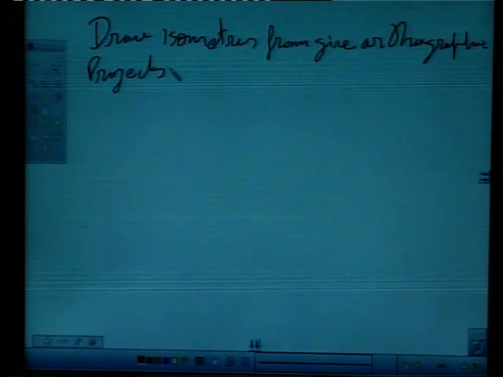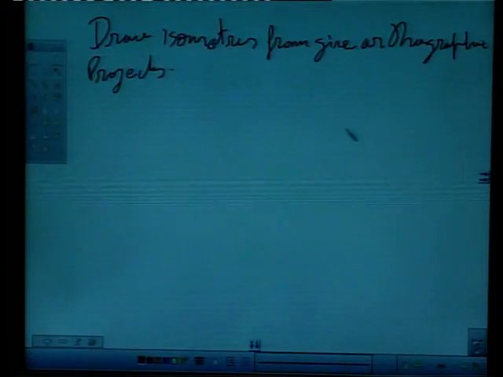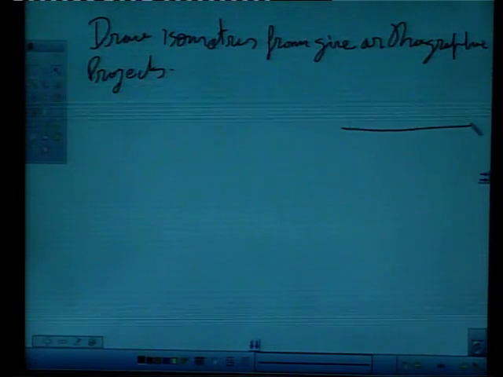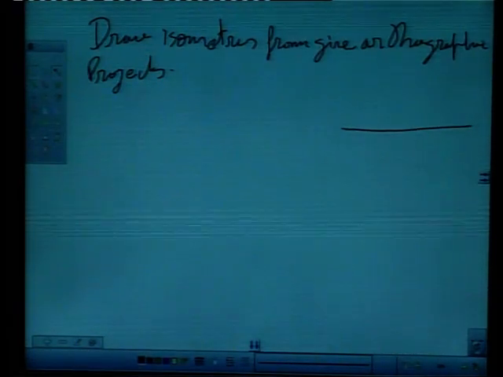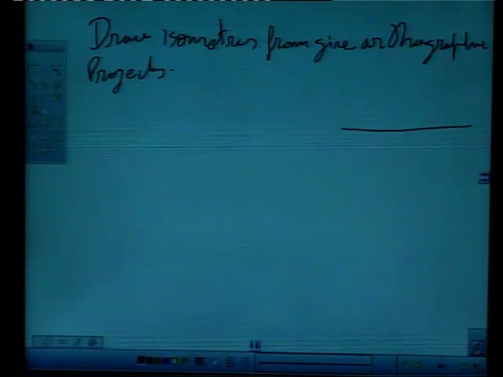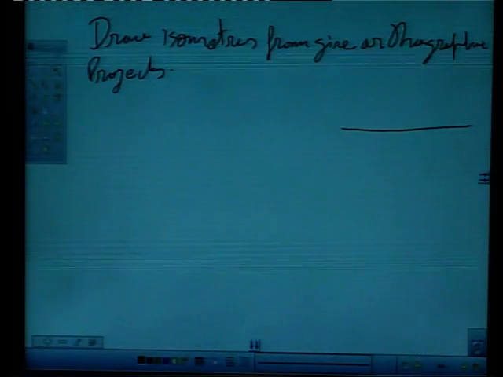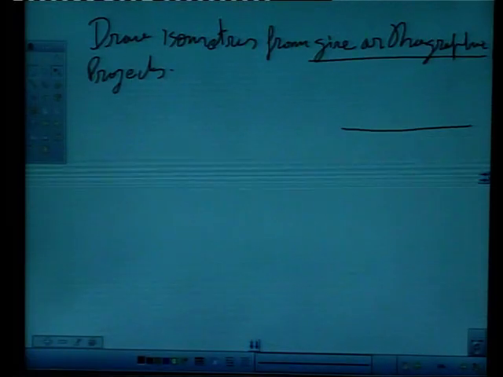Given ortho projection can be drawn onto your question paper. Say we have a plan and elevation given, orthographic projection like this.